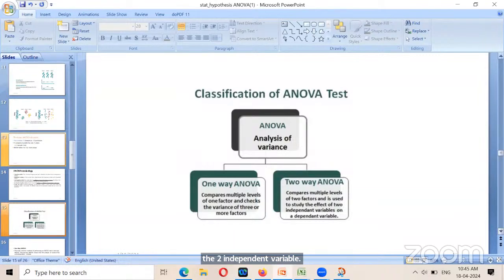So that is the two-way ANOVA. So once again, in one-way ANOVA, only one independent variable and only one dependent variable. In two-way ANOVA, one dependent variable, that is output is only one, but inputs are more than one, that is two. So my output depends upon two factors or two variables, right? That is the simple two-way ANOVA.